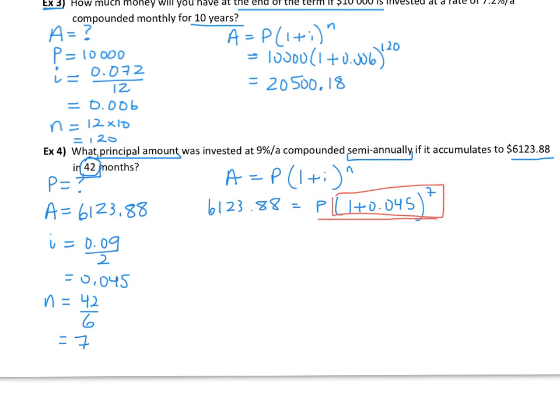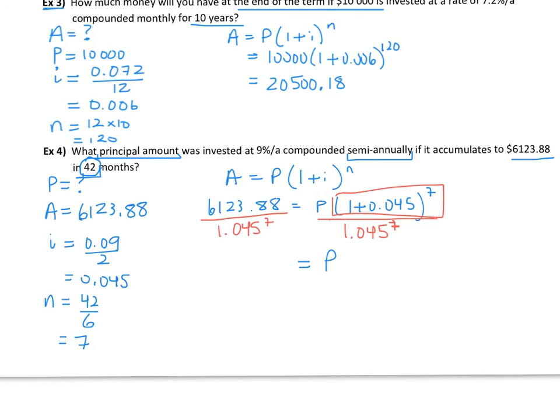So what we're going to do is divide both sides by that bracket. And I'm just rewriting 1 plus 0.045 as 1.045. So I'm going to divide that out on this side, which means I also have to divide it out on this side of the equation. And that will help us solve for P. So P will equal whatever that calculation is.